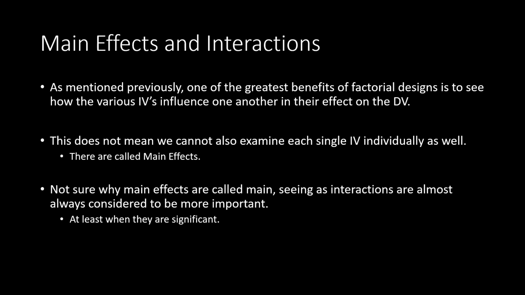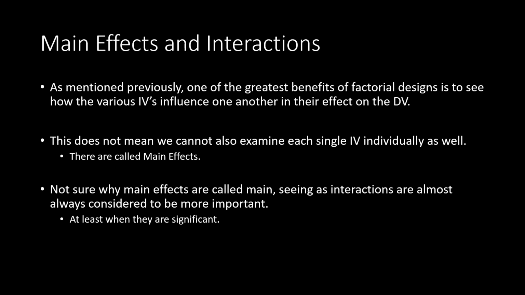So in a factorial design, you're always going to have main effects and interactions. The interactions are how the independent variables influence one another in their impact on the dependent variable, and the main effect is the overall contribution of each independent variable separately on the dependent variable itself.